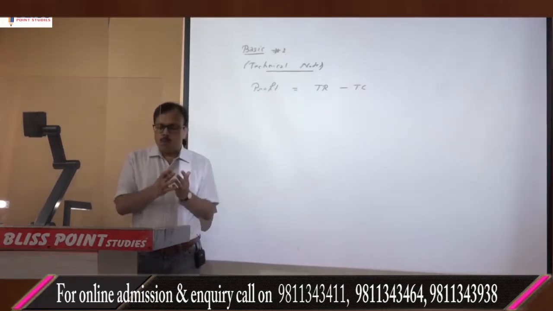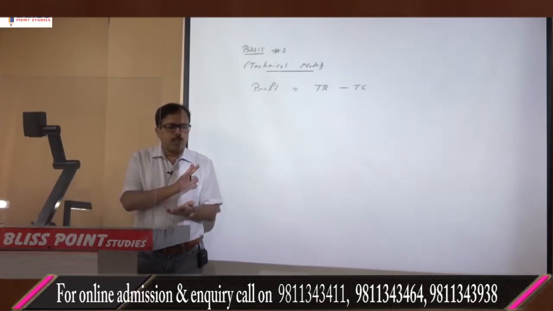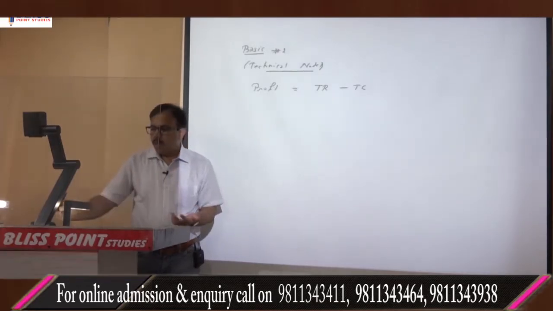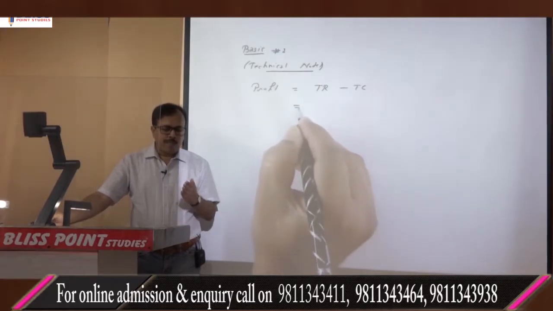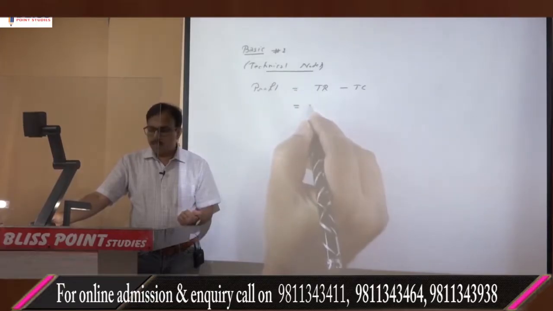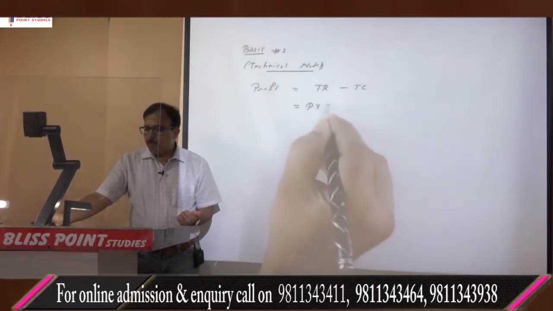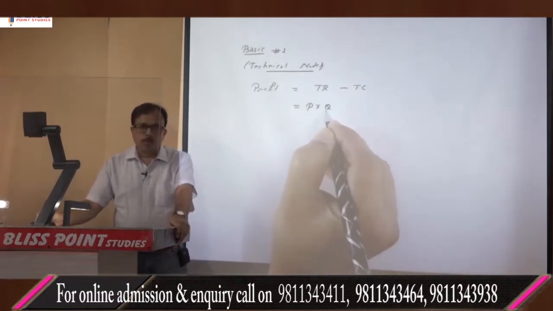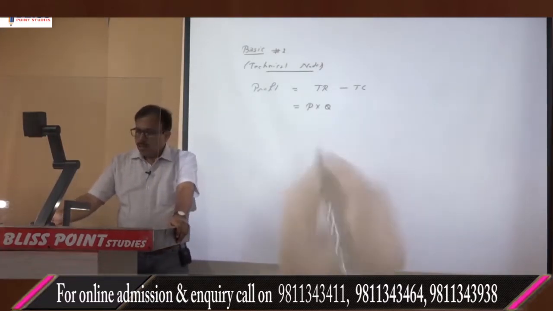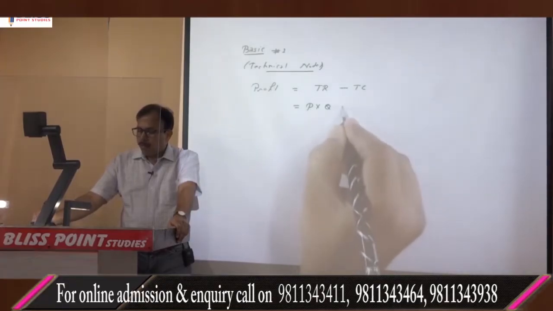Just for example, suppose we want to calculate profit for our institute. So what will be the revenue? Revenue, we can say, fees multiplied by number of students. Fees means price, number of students means quantity. So price into quantity is total revenue.